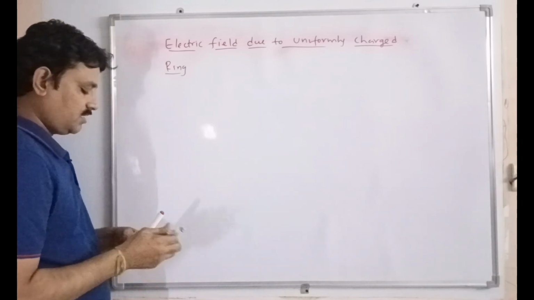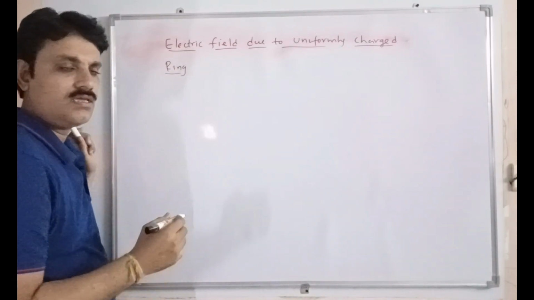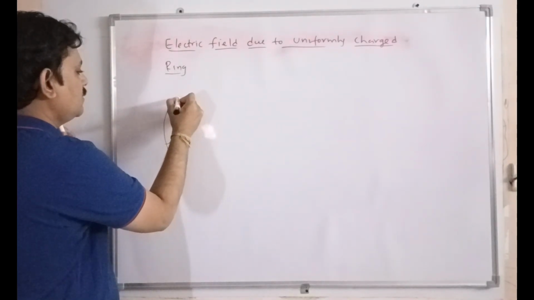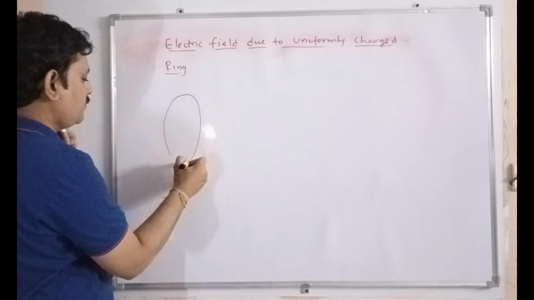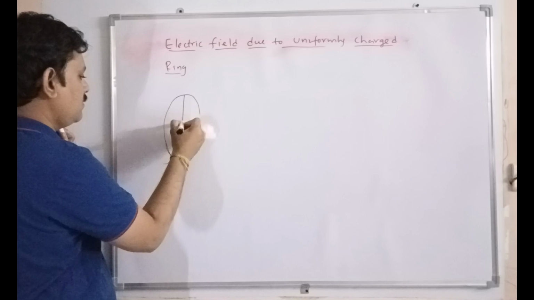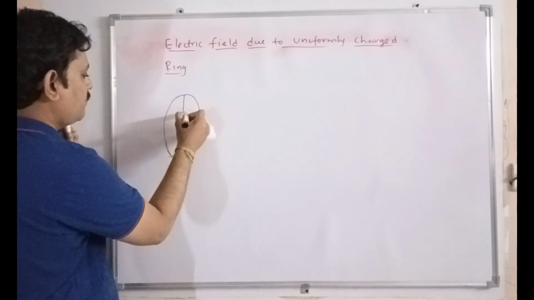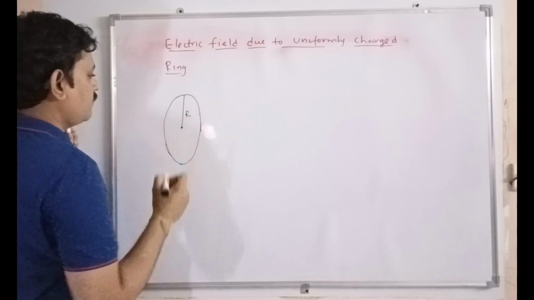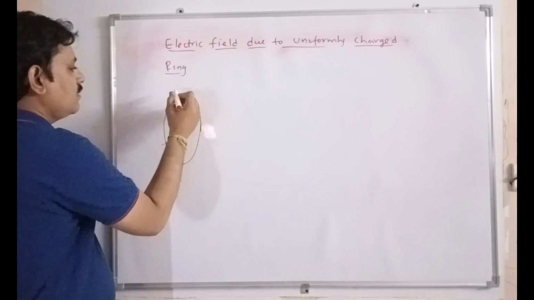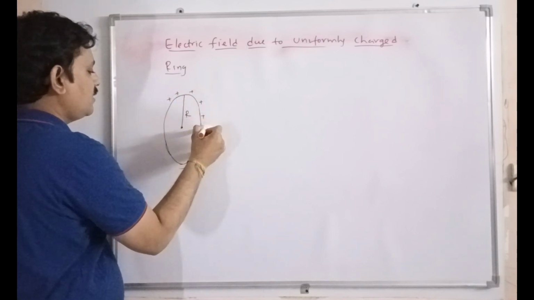So initially we consider a charged ring here. This is a ring having radius R, and having positive charge on it.